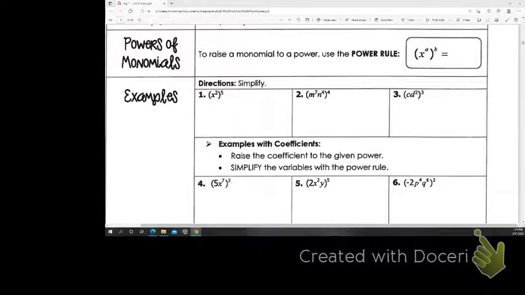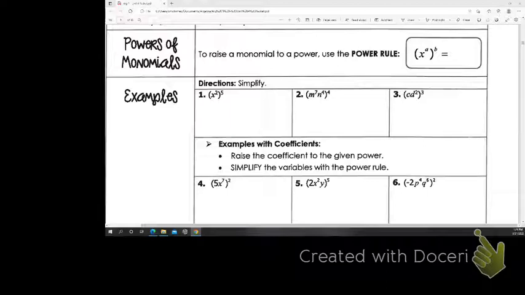All right, guys, so on page 4 of the packet, and I know some of you recall this or you kind of checked in with me, and so you've gotten a head start here. I'll try to catch up with you. We're using what's called the power rule. So here we are raising the whole monomial to a power.